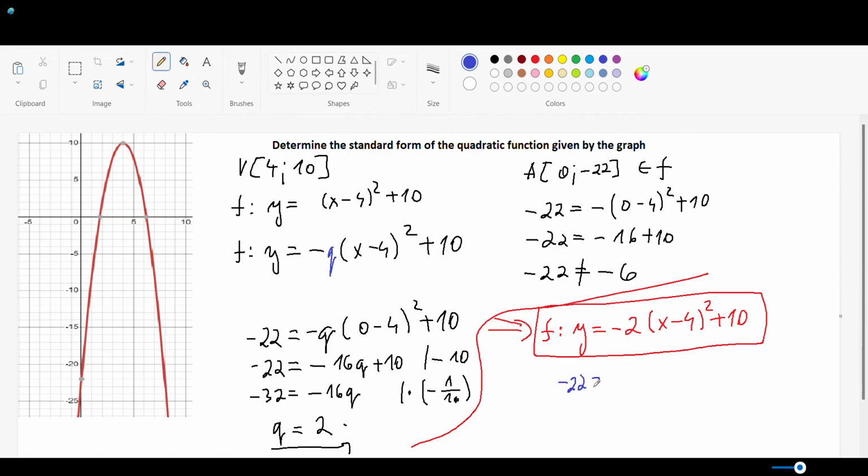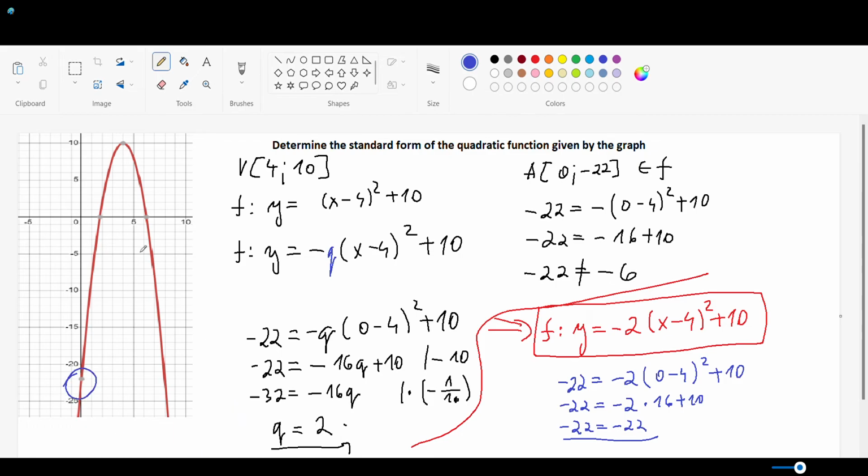Negative 2 must equal negative 2 times 0 take away 4 squared plus 10, which means negative 2 equals negative 2 times 16 plus 10, which is really negative 2 equals negative 32 plus 10, which is negative 22, which means our point A is really part of the function.